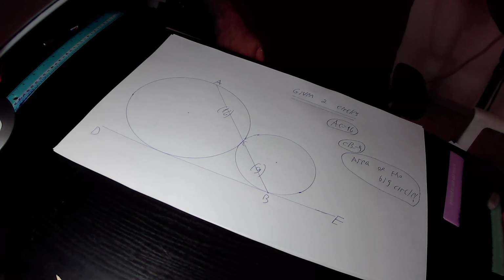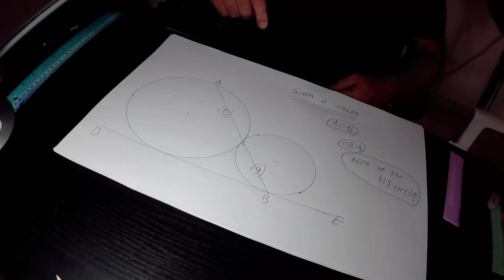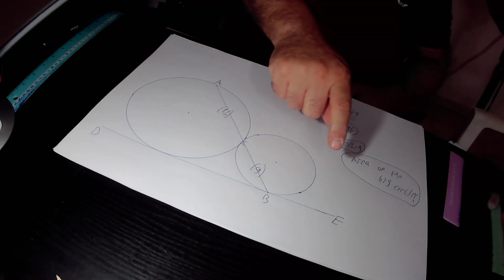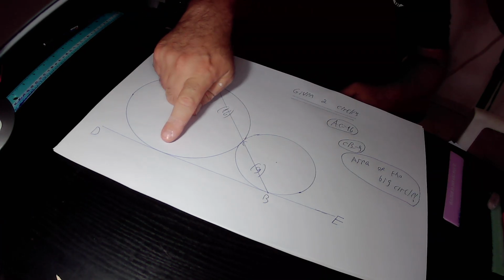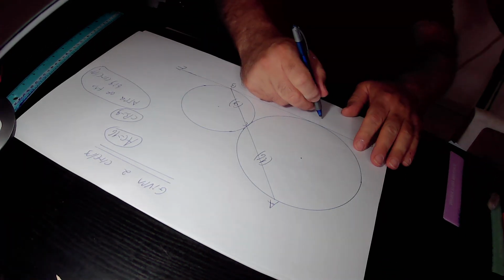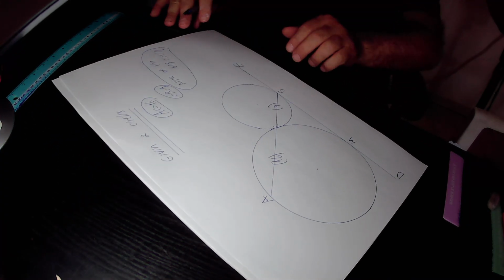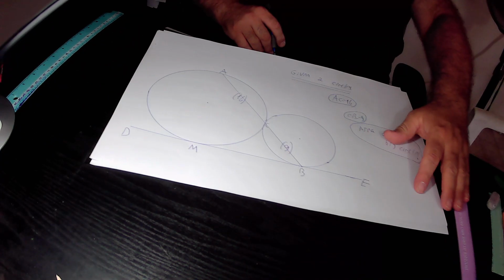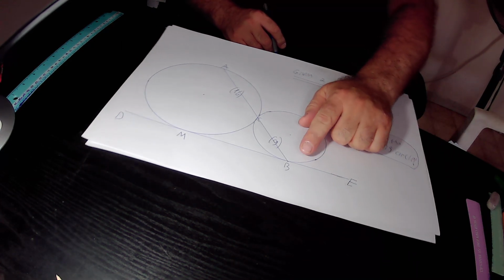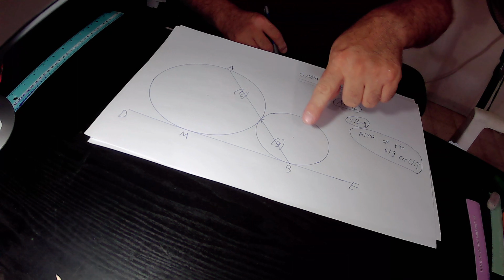So first of all, we define the point of tangency of tangent DE with this big circle. This point is point M. And we'll focus on this common external point, point B. Point B is the common external point in relation to this big circle.